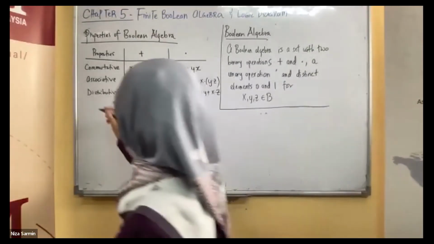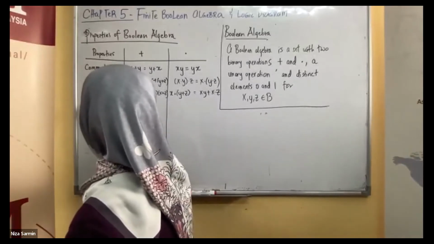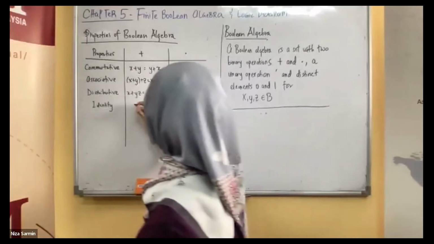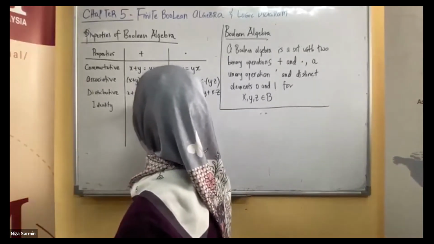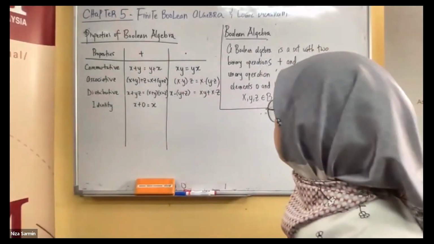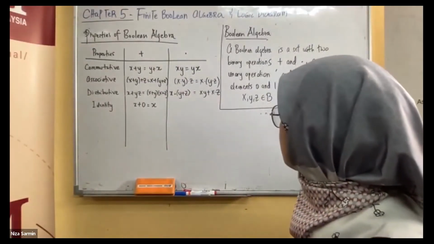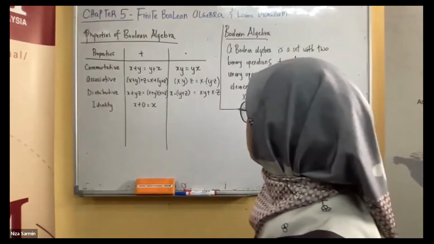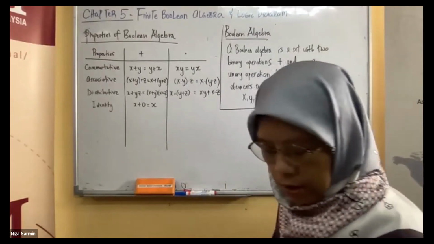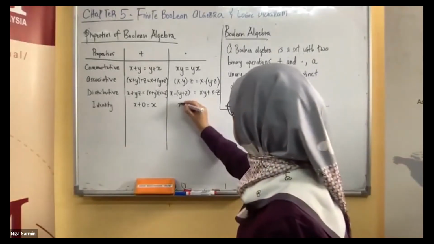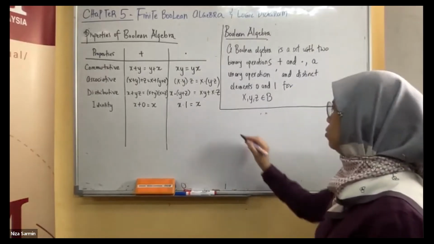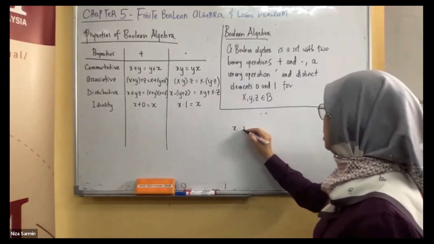For identity, under addition, x plus 0 is x. x times 1 is x. You might wonder what is x times x, right?